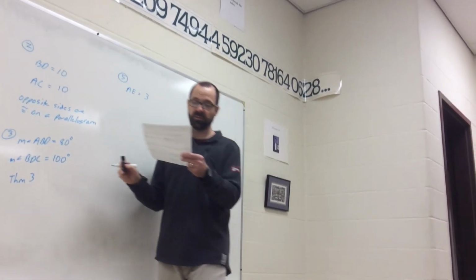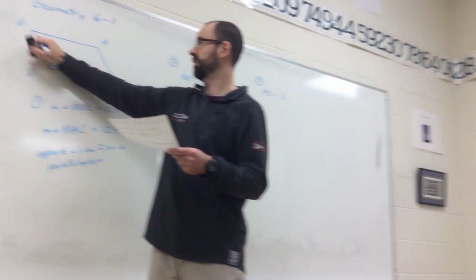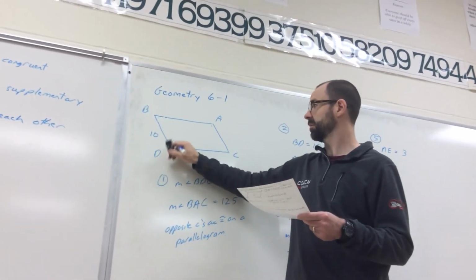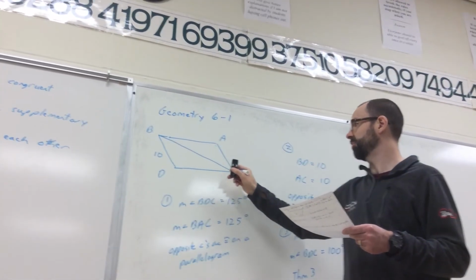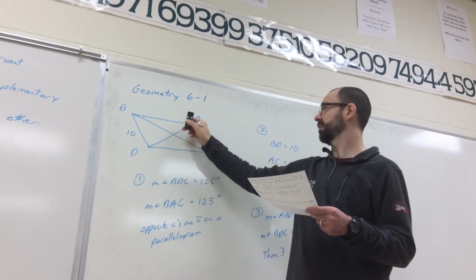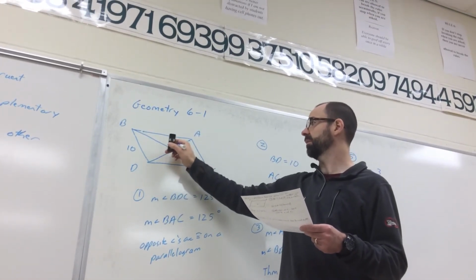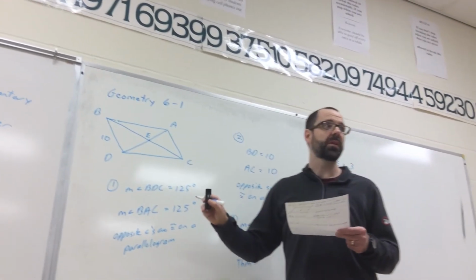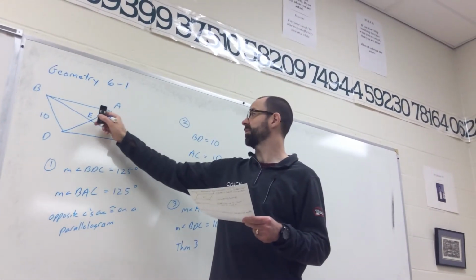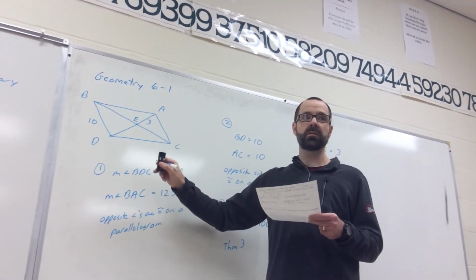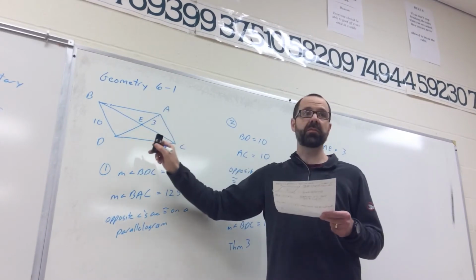So number 5 is talking about A to E, which isn't even in the picture over here. So there's more to the picture. They drew the diagonals in. And this point here is E. And they measured from A to E, and that came out to 3. 3 inches or whatever they're measuring it.